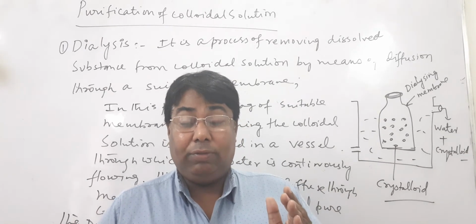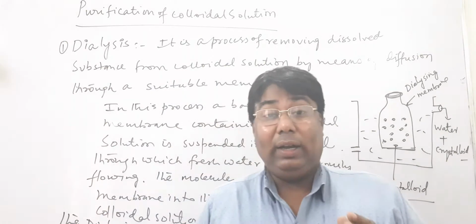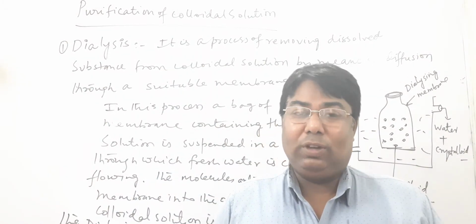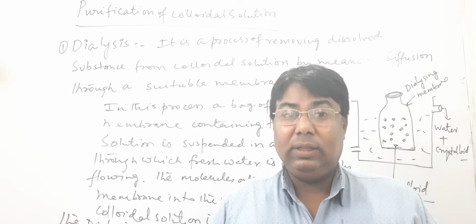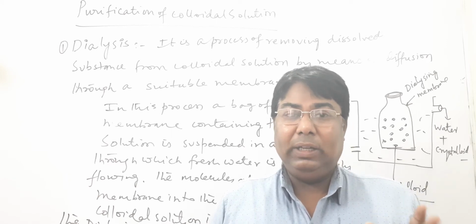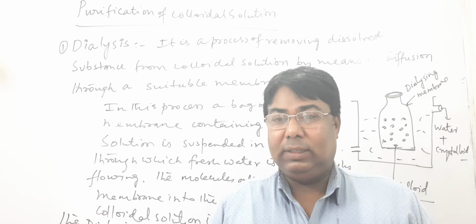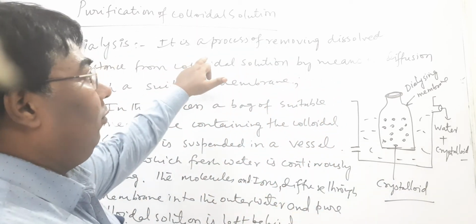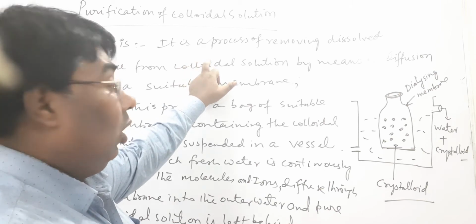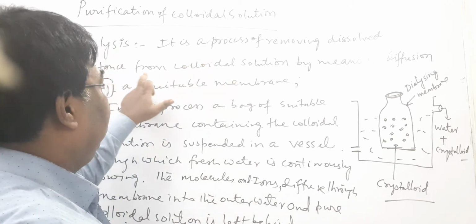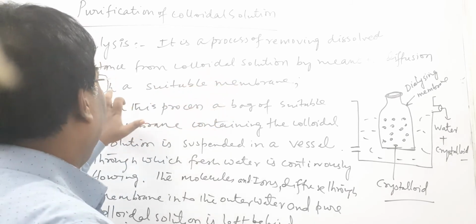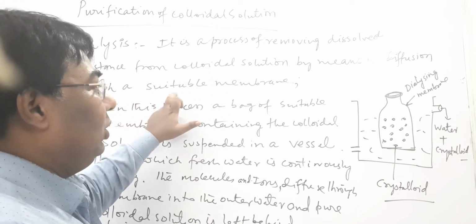All of you know that blood is a colloidal solution, and when impurities are present in the form of electrolytes or ions, they are separated by using the process of dialysis. So dialysis is a process of removing dissolved substances from colloidal solution by means of diffusion through a suitable membrane.